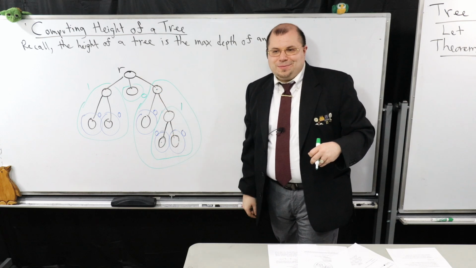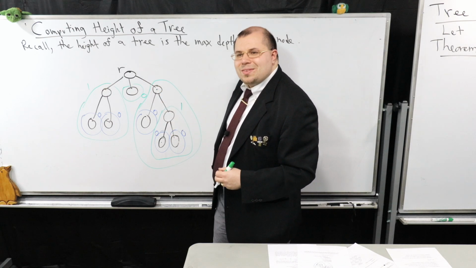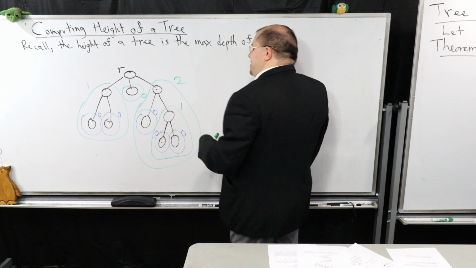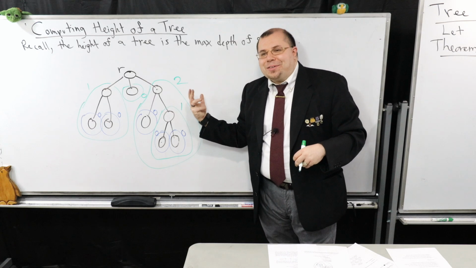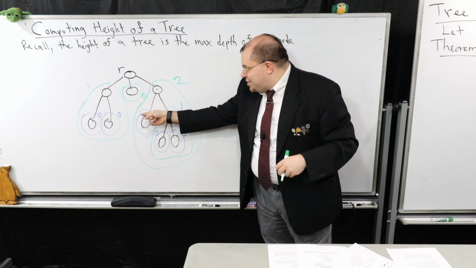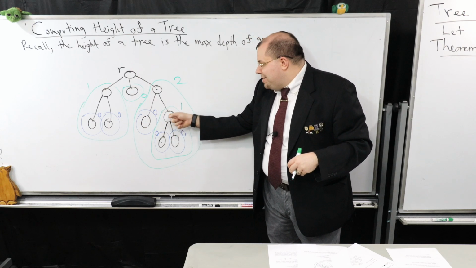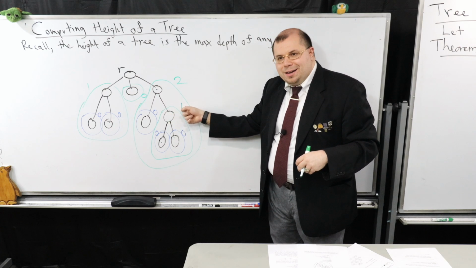Where that's the root. It's 2, right? It's 2. So here's a very simple way of thinking about that. Okay, so how do I figure that out? Well, look, one of my children, if I take that as a subtree, its height is 0. This one's subtree, its height is 1.